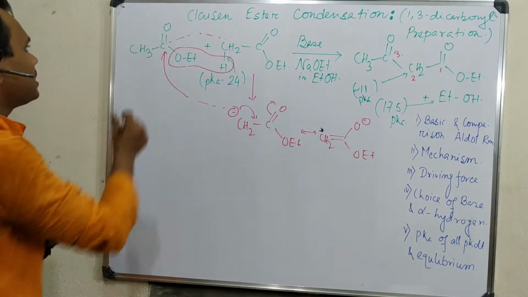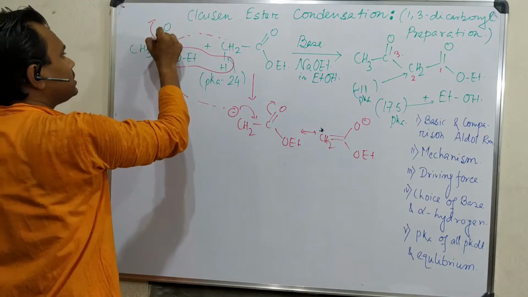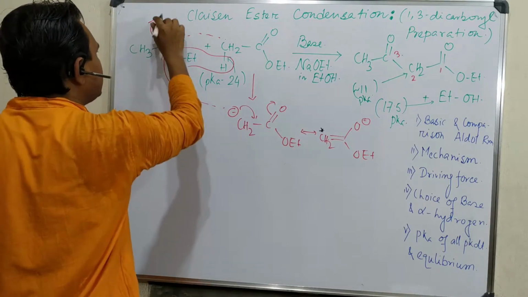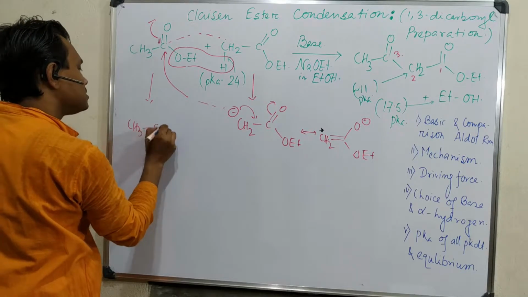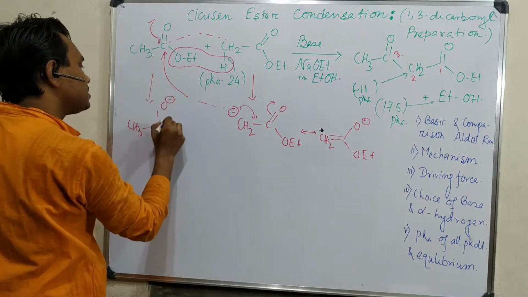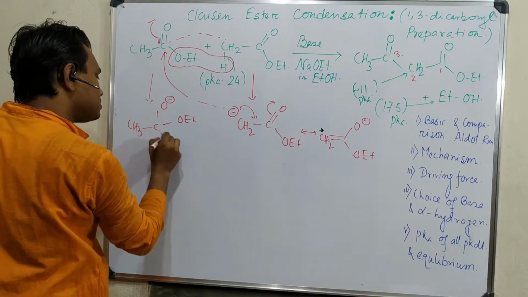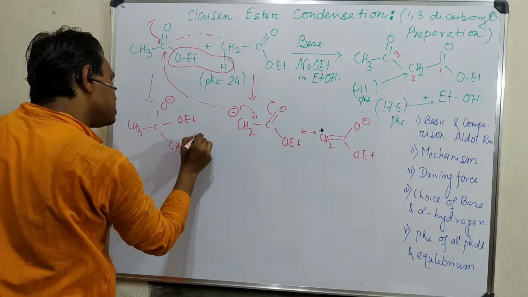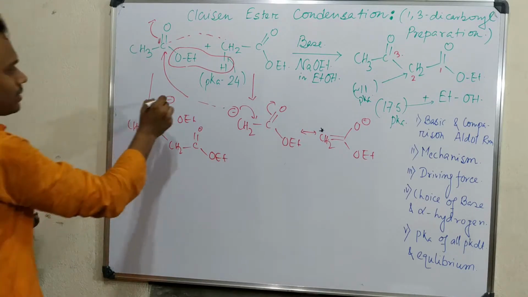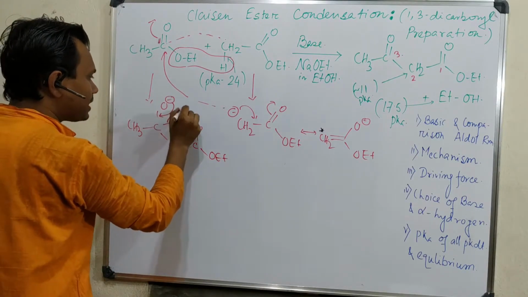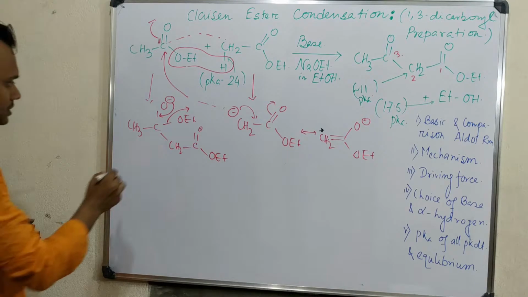So what happens? It produces a tetrahedral intermediate. What do I mean? CH3C(O minus)(OEt)CH2COOEt. Then this pushes the electron and OEt leaves under alkaline condition.